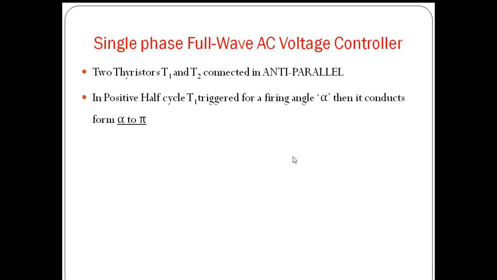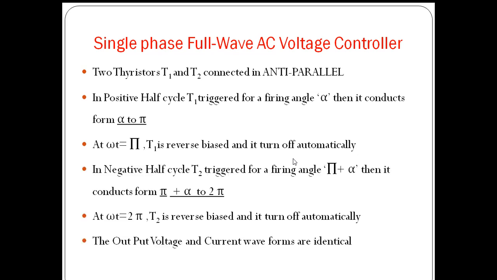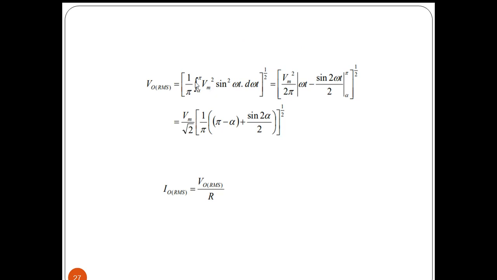We integrate the supply waveform from alpha to pi. So it is Vm square sine square omega t, whole power 1 by 2, integrating from alpha to pi.